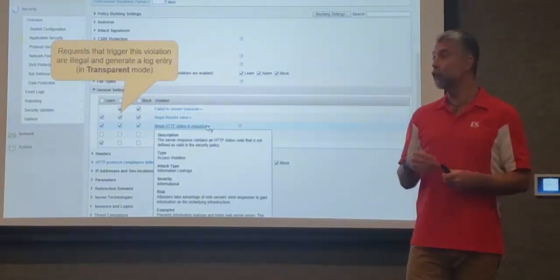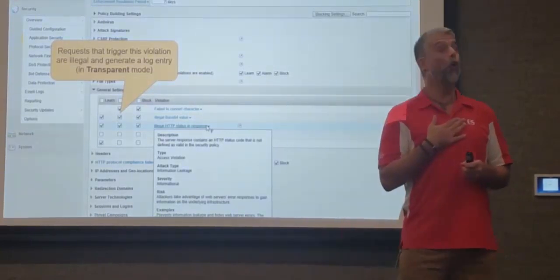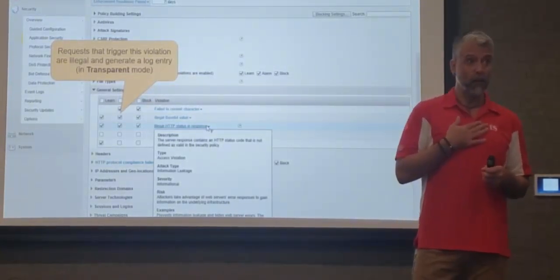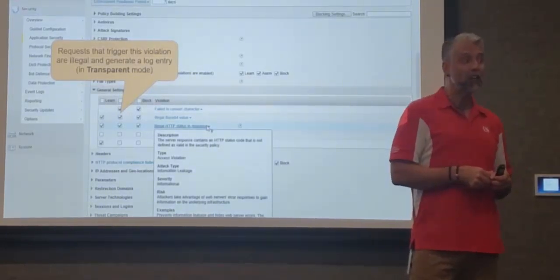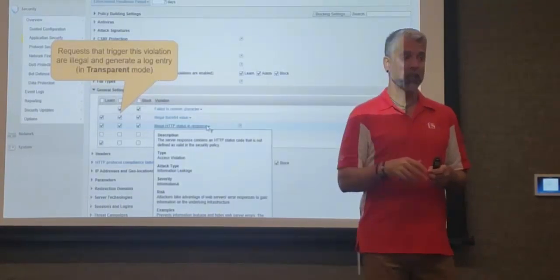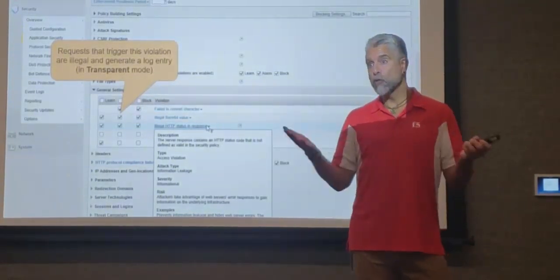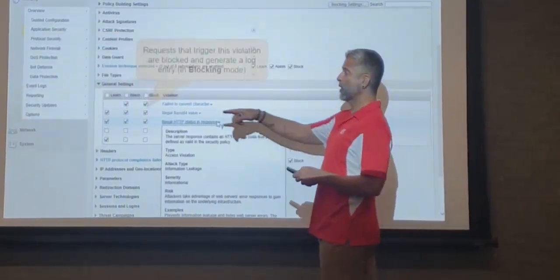That gives us some visibility into what is going to get blocked when we eventually move to blocking mode. Anything that's triggering an illegal log entry is going to trigger a blocked request entry once we move to blocking mode. So that's what the alarm column does.